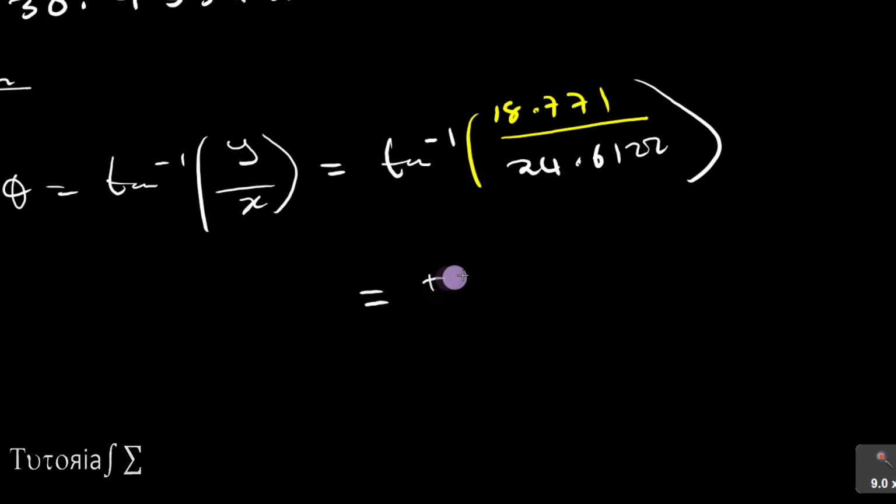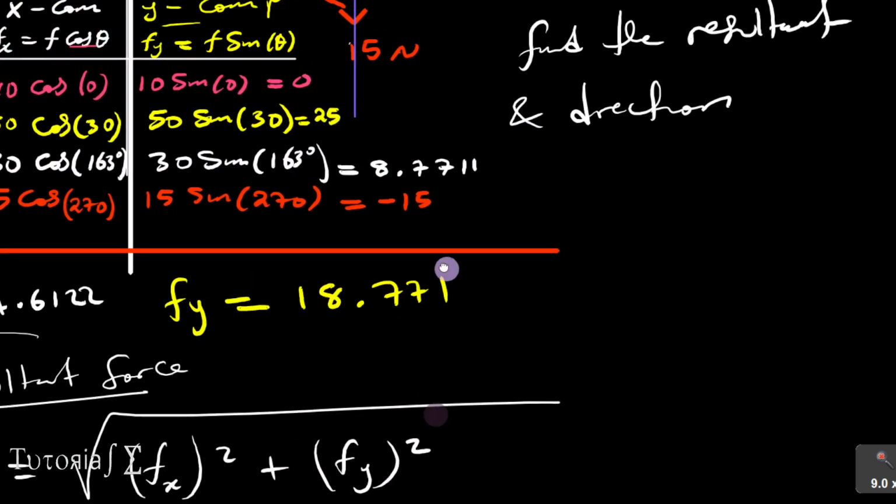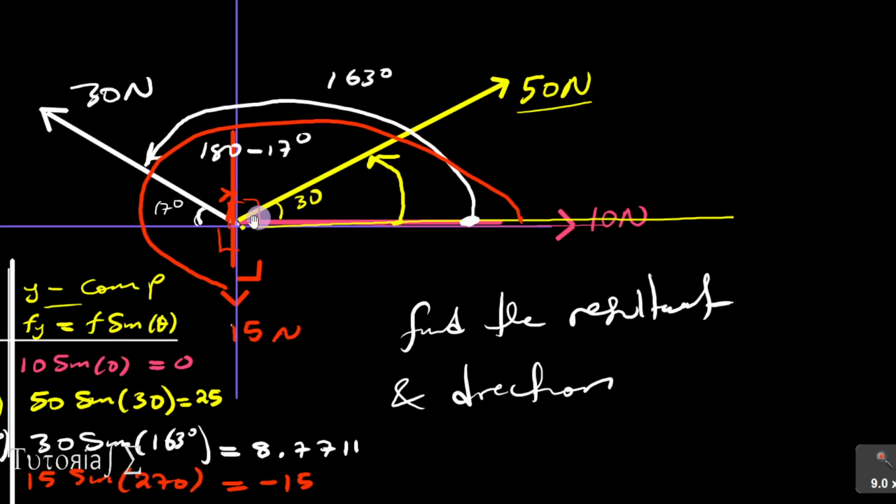So this is positive 36.447 degrees. This tells us that this object that is being pulled will move in this direction.